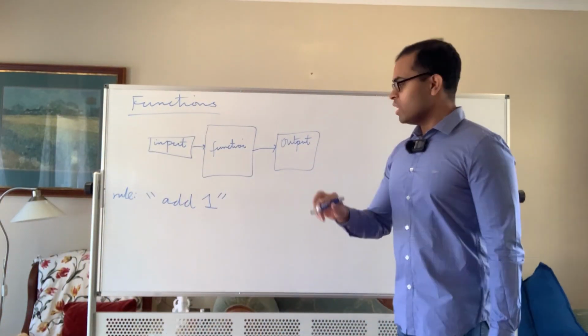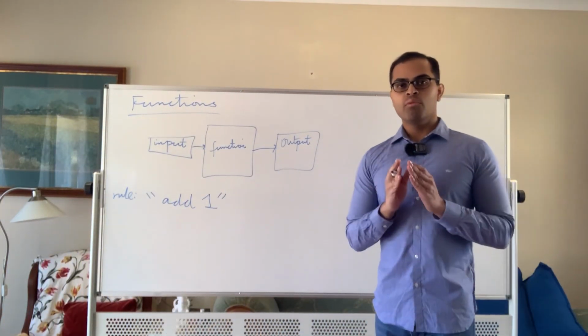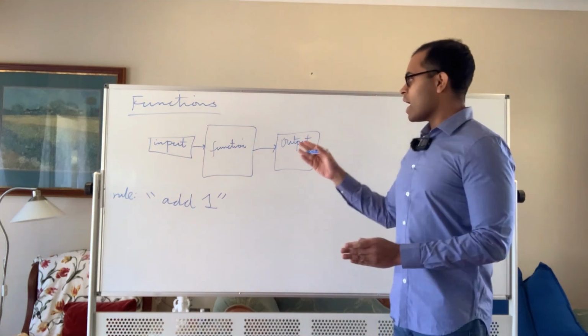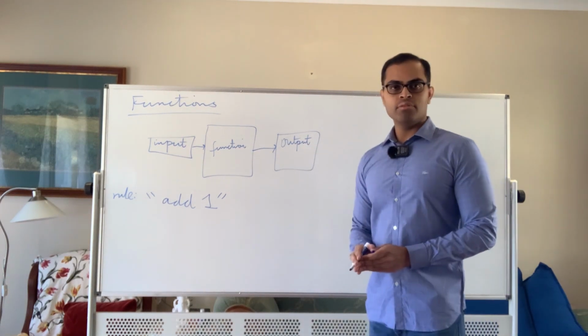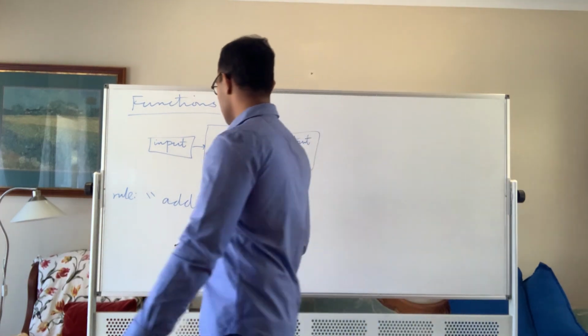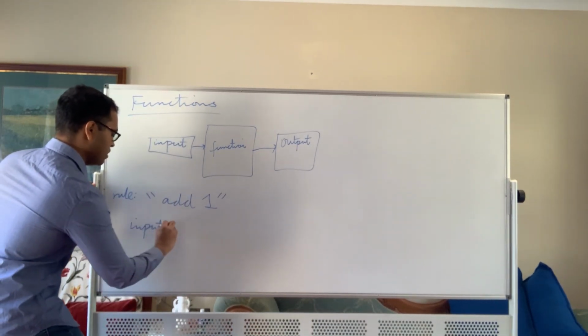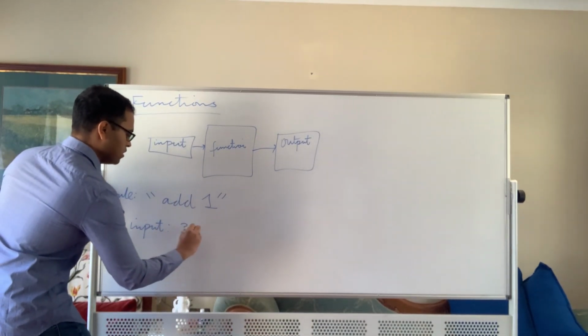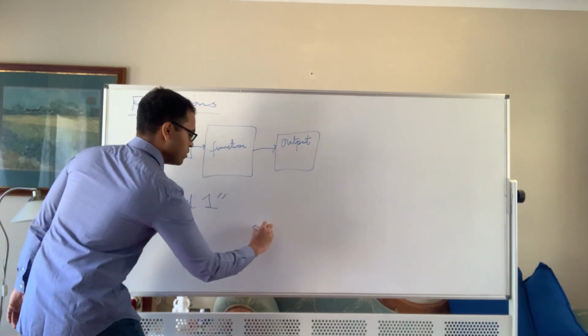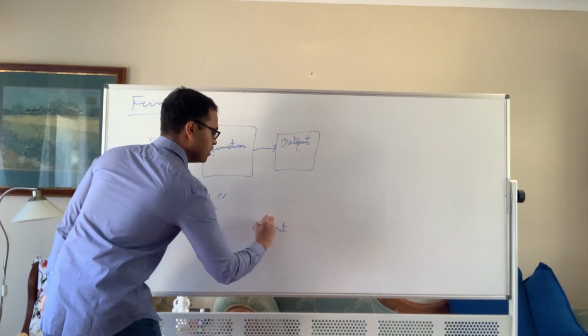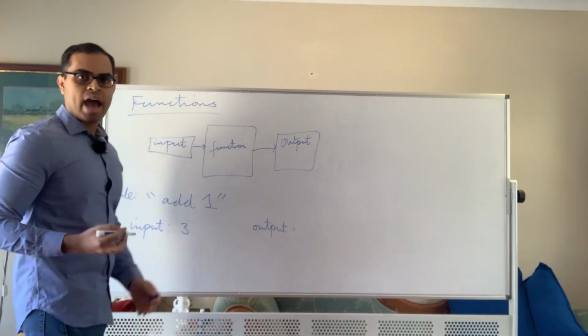Now this rule is a function because whatever input you give me, I'll give you an output by applying that rule. So for example, if your input is going to be, let's say, 3, what's your output going to be when you apply the function add 1? Well, you're just going to add 1 to 3.